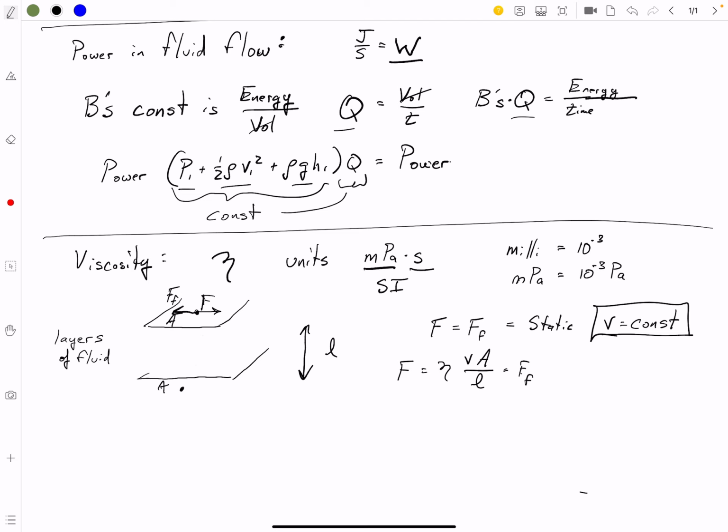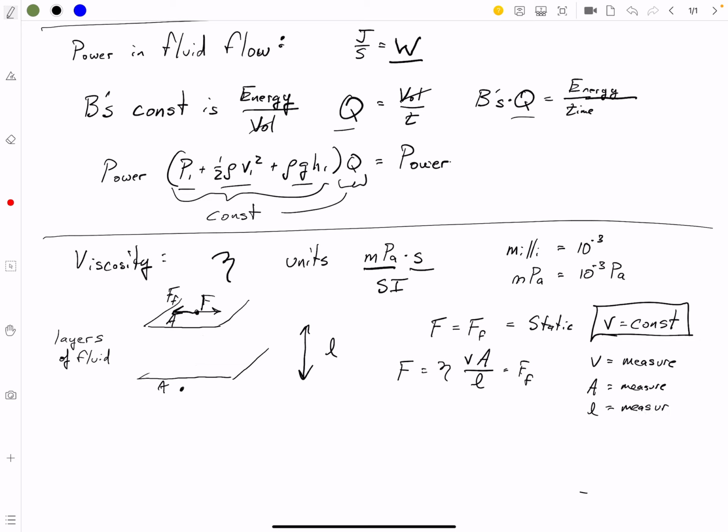So V, not hard to measure, okay? Our area, easy. We can measure that. Our length, easy.